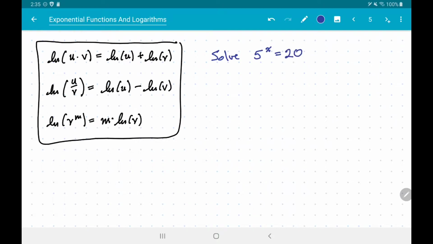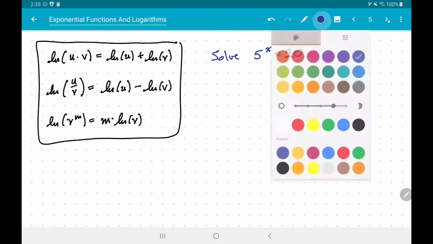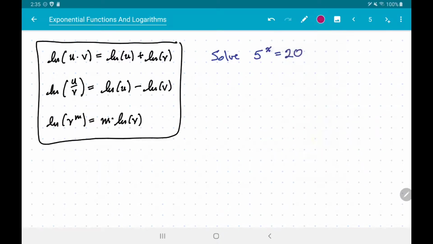First, just some thinking out loud. What is 5 to the 1? 5 to the 1 is 5. What about 5 to the 2? 25.